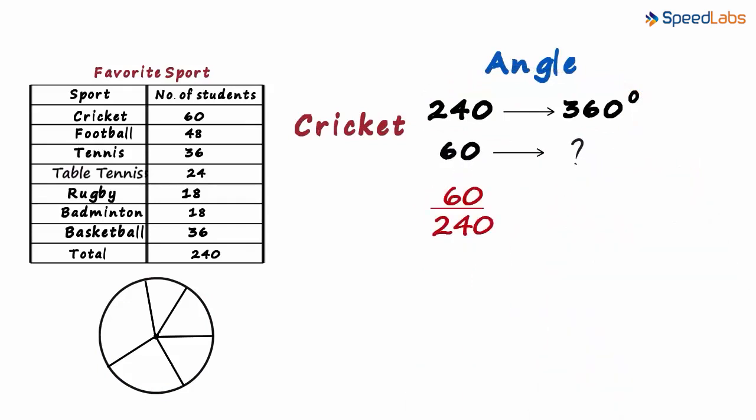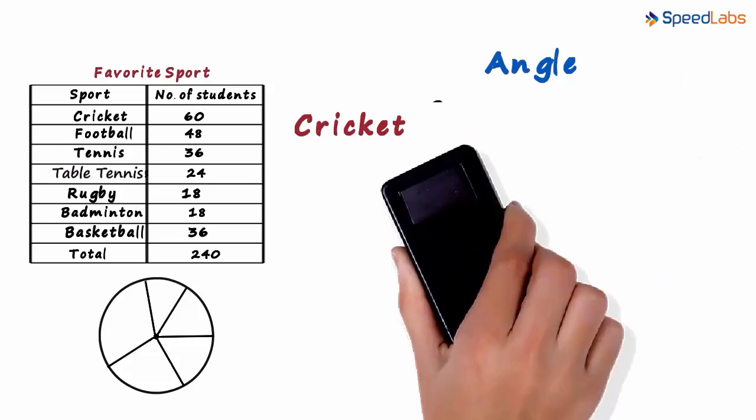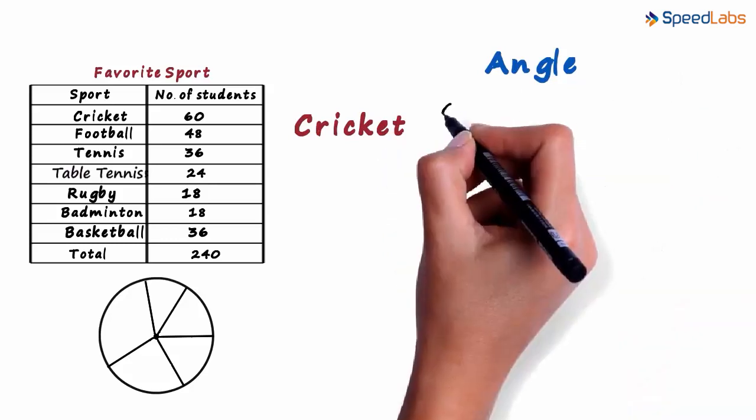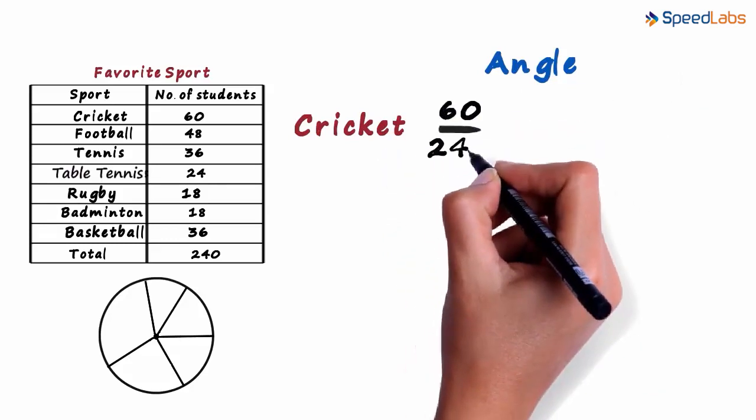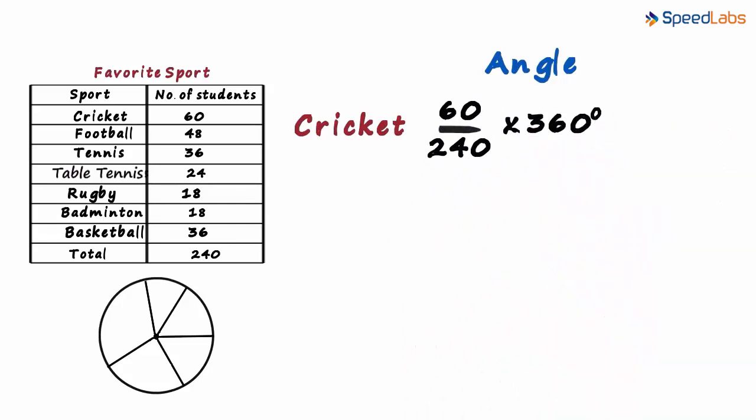It will be 60 by 240 multiplied by 360 degrees. 60 times 4 is 240 and 4 times 90 is 360 degrees. This will equal 90 degrees. It means cricket will represent 90 degrees of the total 360 degrees.